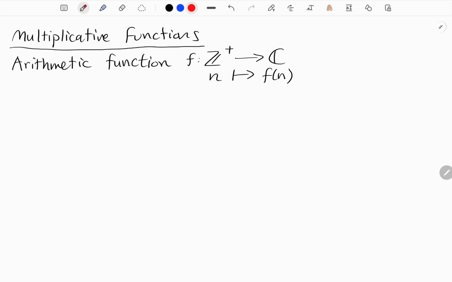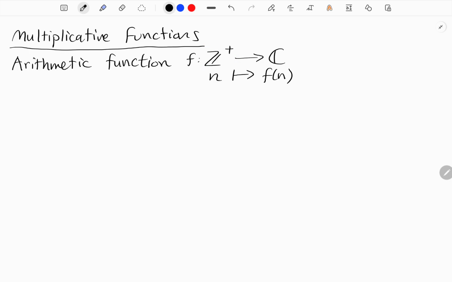Now, usually when we study arithmetic functions, the codomain, the target, will also possibly be positive integers, but it doesn't have to be. A lot of times it will be, but the most important part is that the domain needs to be positive integers.